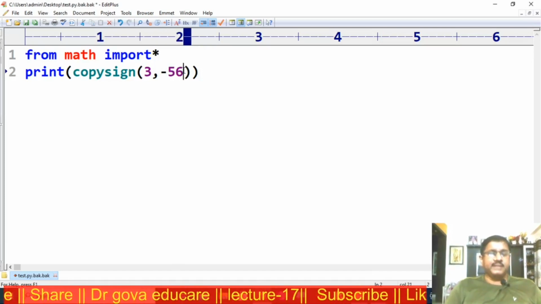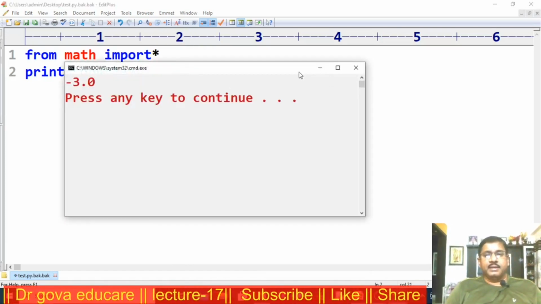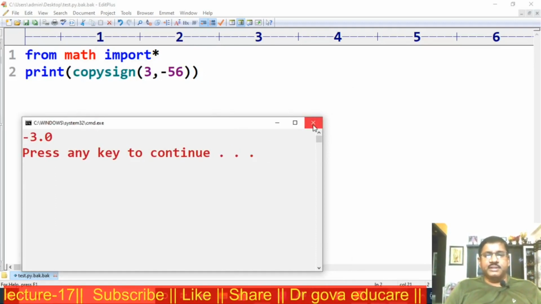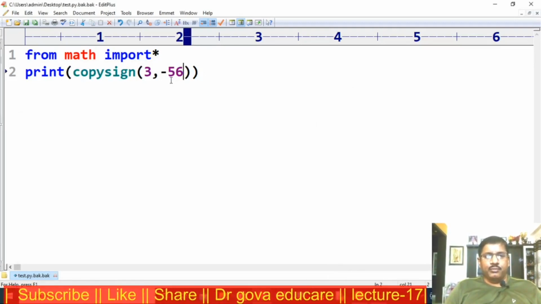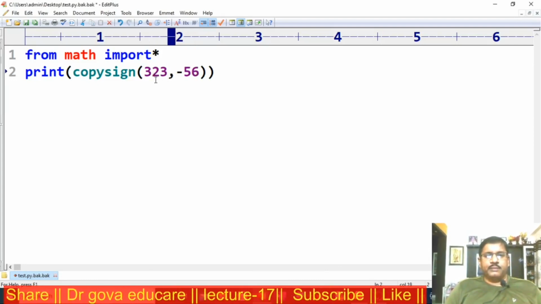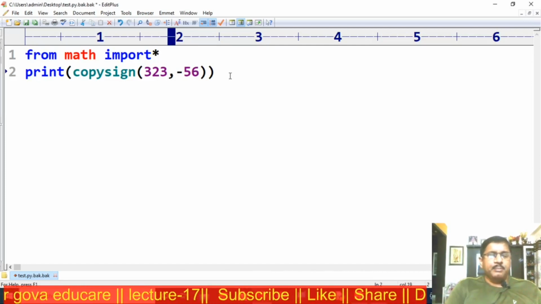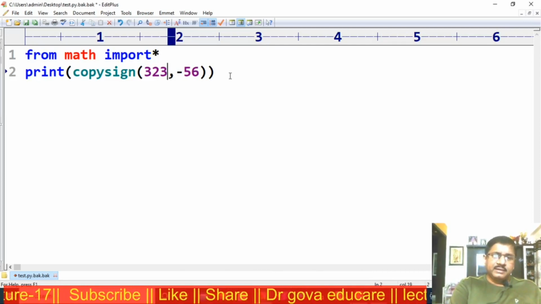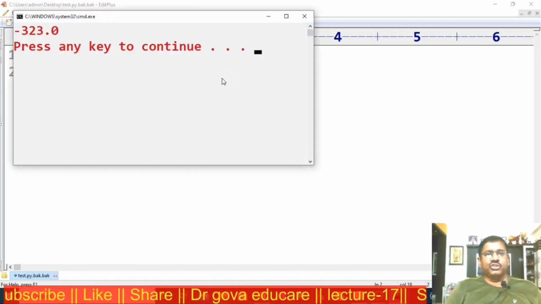Now the output is minus 3.0, which is in floating point form. Say for example 23 comma minus 56, now the output is minus 23.0.